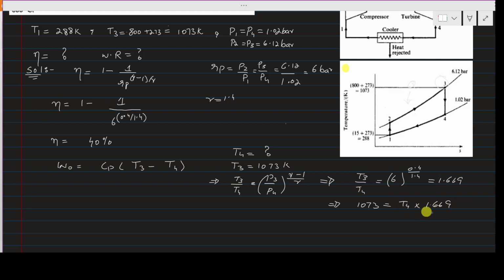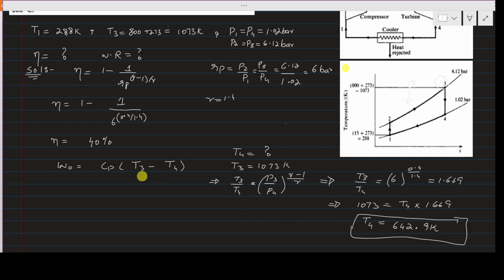So if you divide both sides by 1.669, you will get the T4 value, that is 642.9 Kelvin, after doing the simplifications and calculation using a calculator.